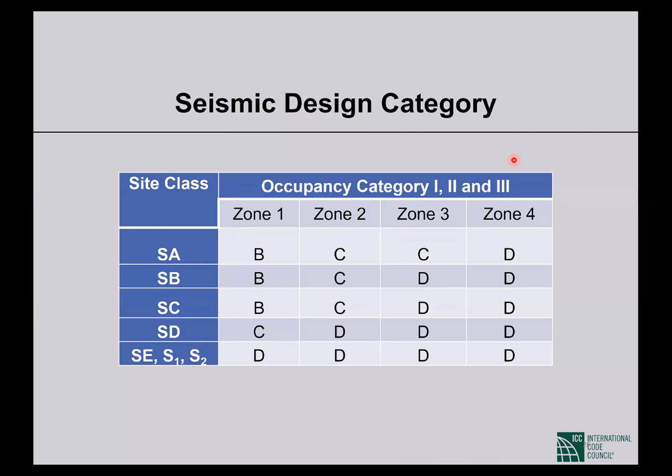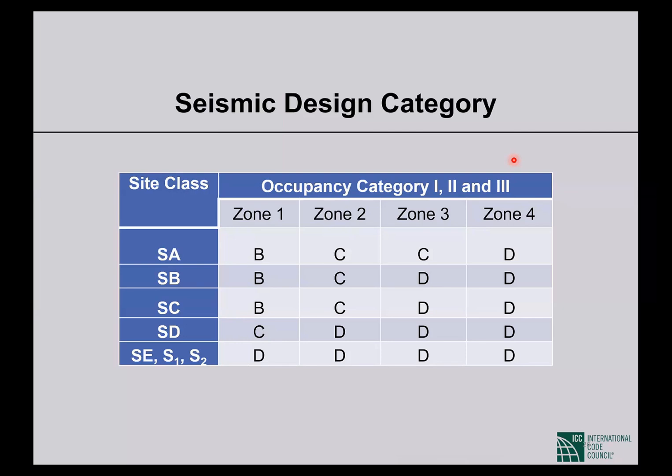What we used to do, if we considered a structure to be a special moment frame, then we would reduce the load using a greater R value. That's all. But there was no restriction on whether we could use ordinary, intermediate or special moment frame.